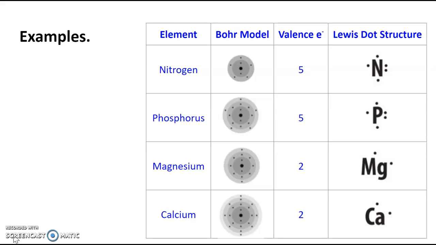Again, some people really like to have them spaced out the way they're drawn here. I don't care too much if you drew both of the dots on top of the M or both of the little dots next to the G. That's totally fine. We also have calcium, which has 2 valence electrons, and its Lewis structure is exactly the same as magnesium's because of that.